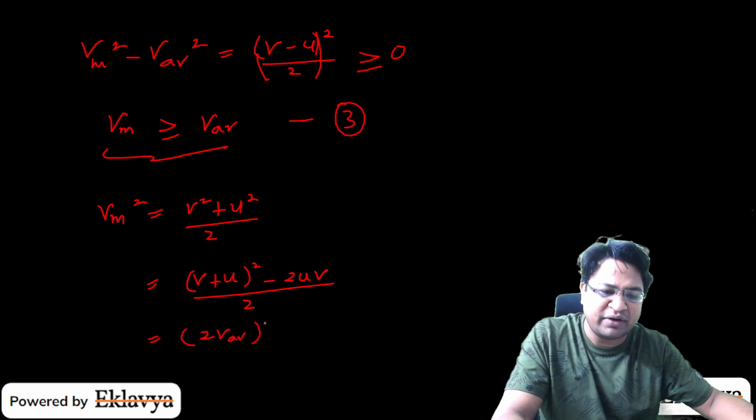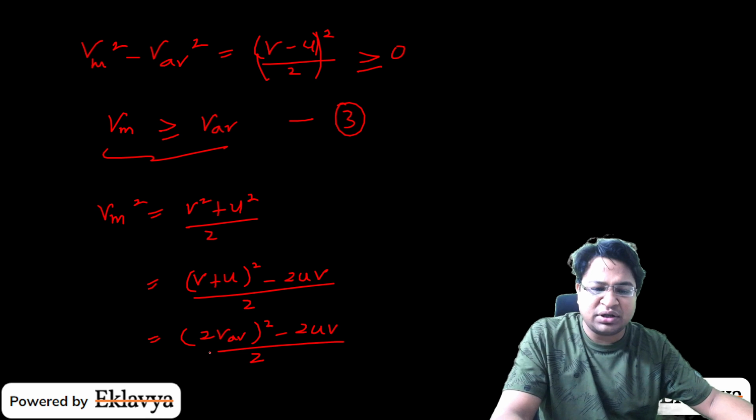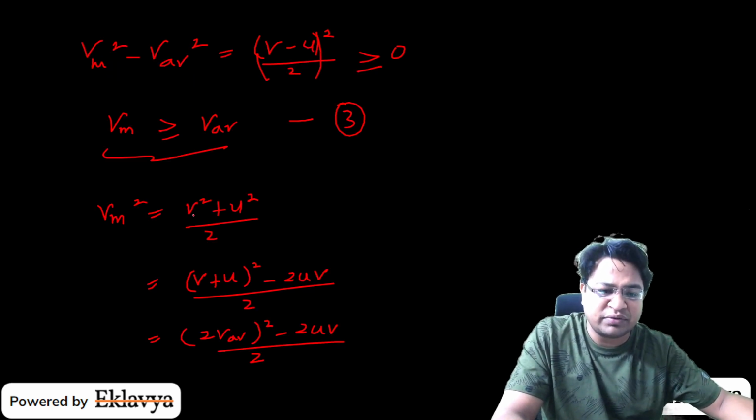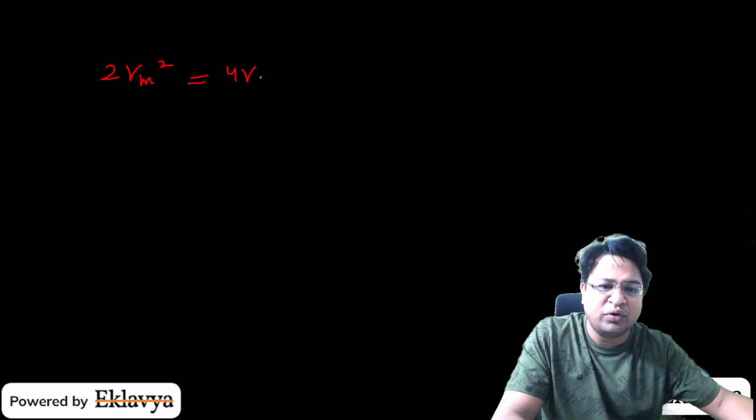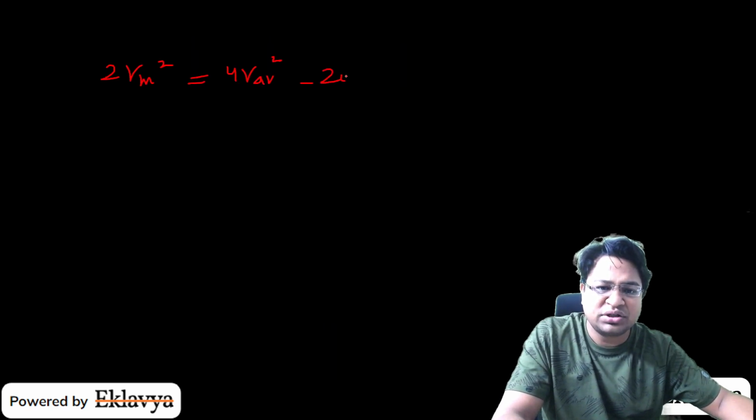So 2 times V average, square of that, minus 2UV, by 2, that is Vm square. If I rearrange this, I can write 2 times Vm square is equal to 4 V average square minus 2UV. So UV can be written as 2 V average square minus Vm square.